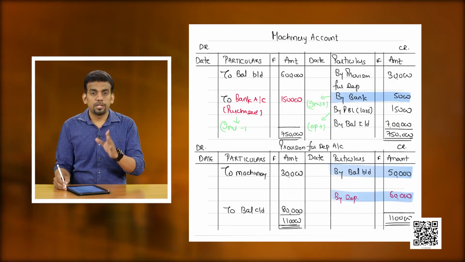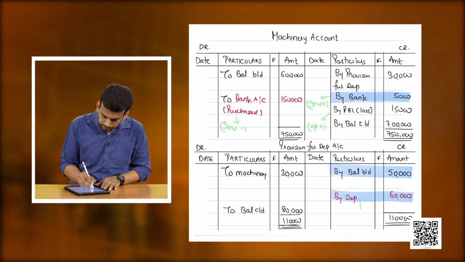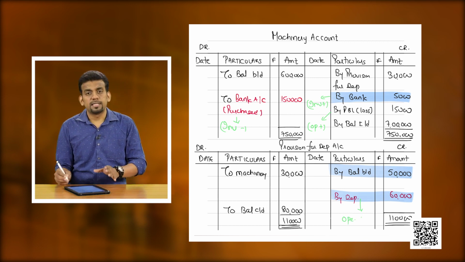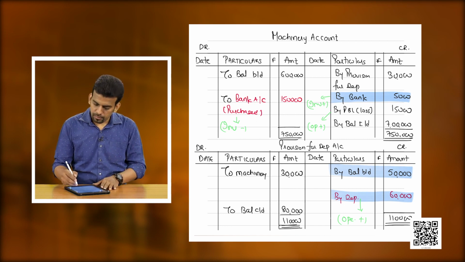As you can see, 1,50,000 is the purchase during the year. So, this is going to be deducted from investing activities as it is a purchase and an outflow of cash. This 5,000 figure is the sale.